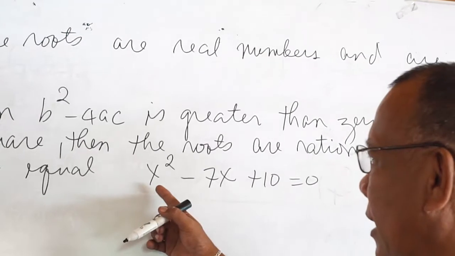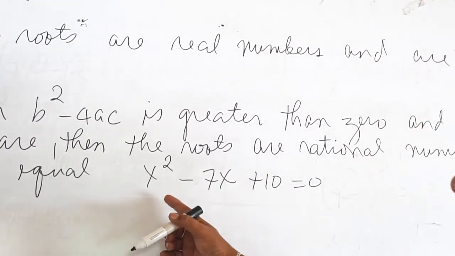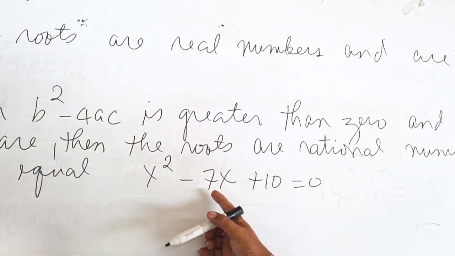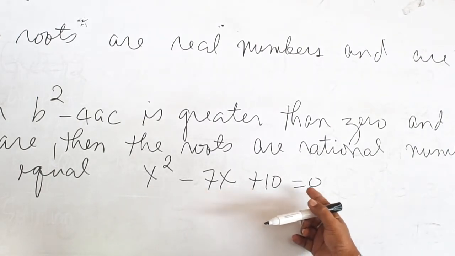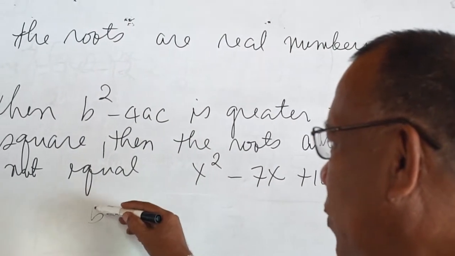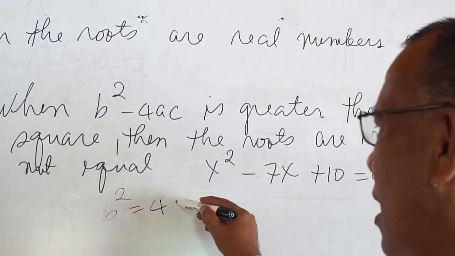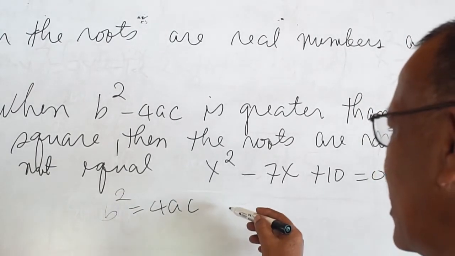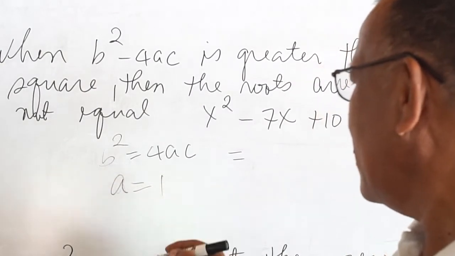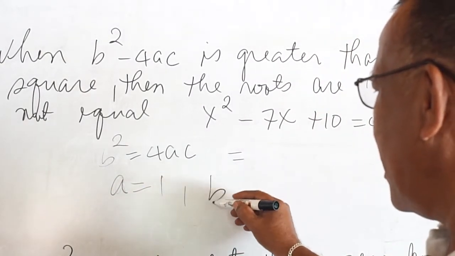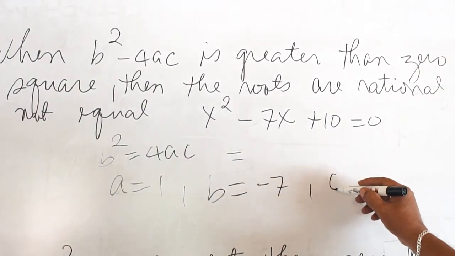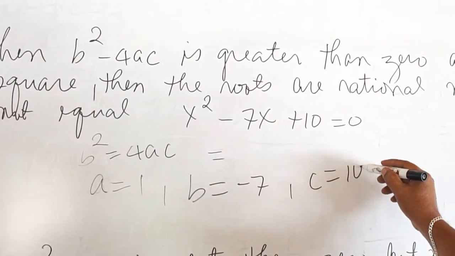So, determine the nature of the roots of x squared minus 7x + 10 = 0. Here the value of a is 1, the value of b is negative 7, and the value of c is 10.